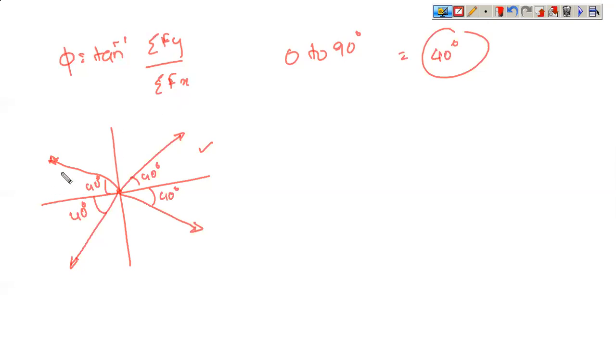So depending upon the sign of Fx and Fy, because Fx and Fy individually can be negative or positive, but it will give you a resultant which is always positive. But the inclination part you need to calculate using the signs of Fx and Fy. So then you will have a clear idea which one of these four options is correct, and you have to correctly represent it. So this is one type of problem that we come across.